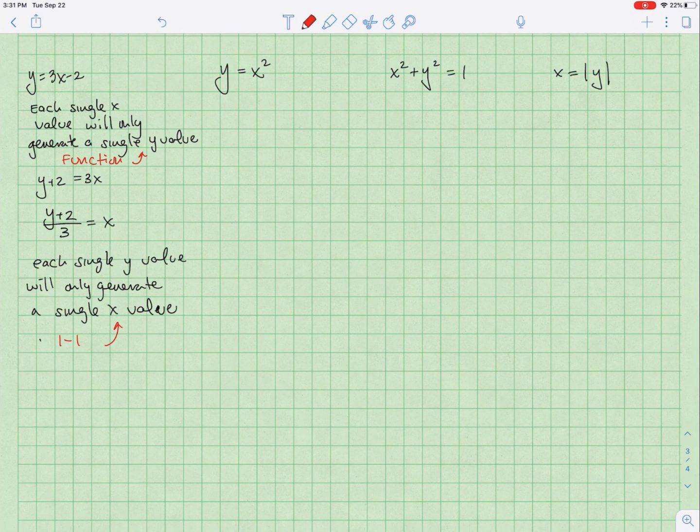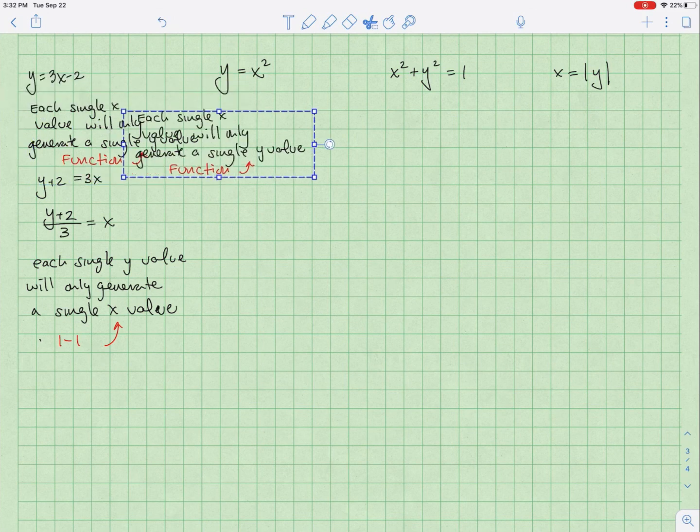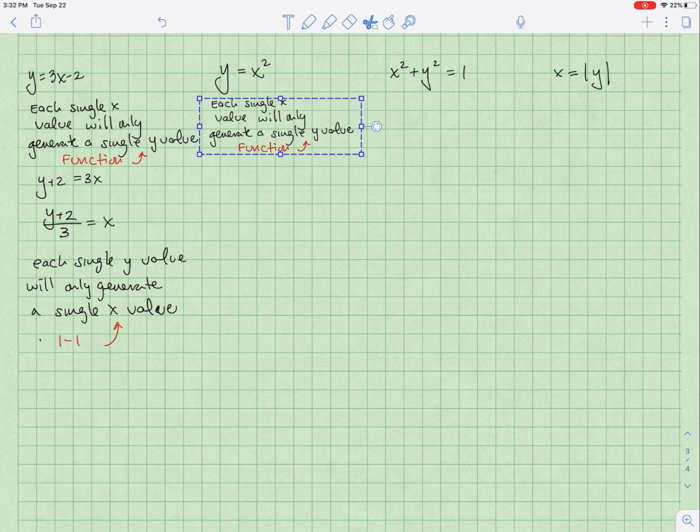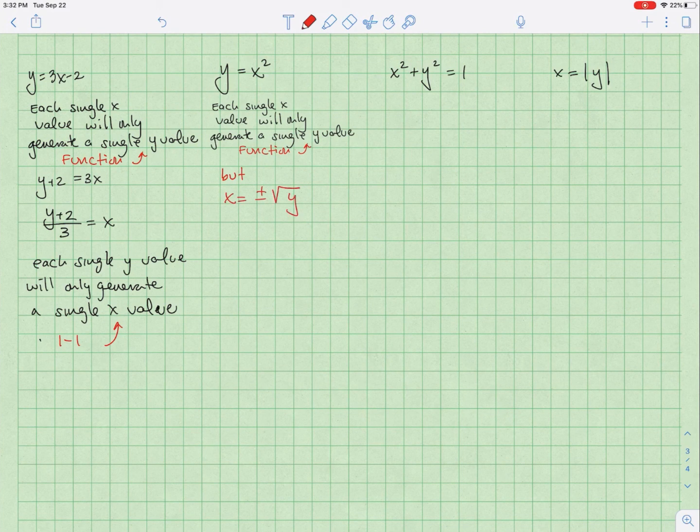Now, for the next one, y equals x squared, this same statement is true. But x equals plus or minus the square root of y. Now we can see that many y values will generate multiple x values.